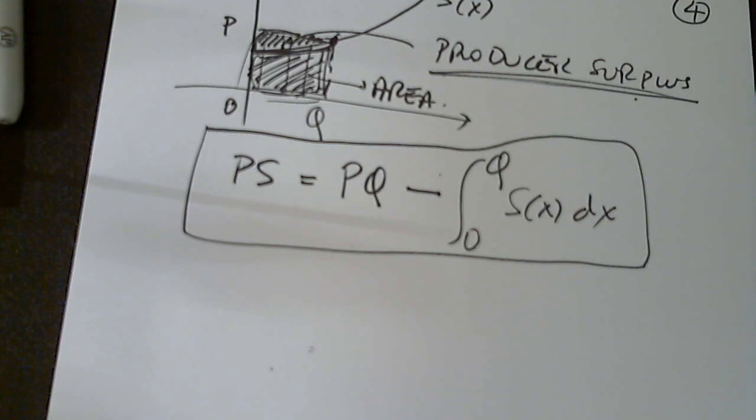Find part A, the equilibrium point. This is just algebra. We've done that a lot at the beginning of the class. No problem there. Then find the consumer surplus at the equilibrium point, and then find the producer surplus at the equilibrium point.